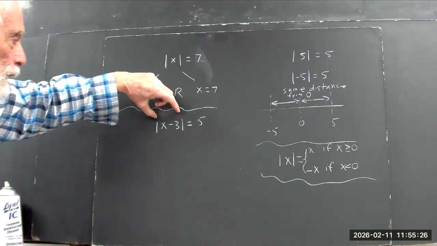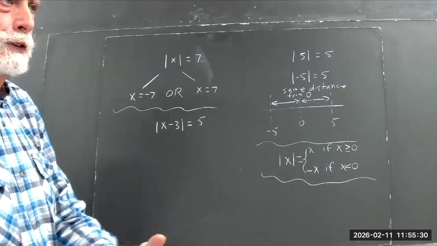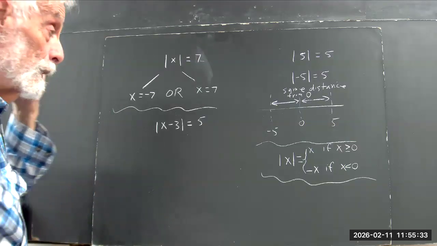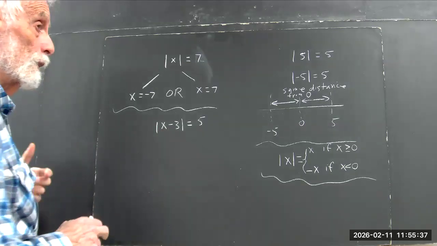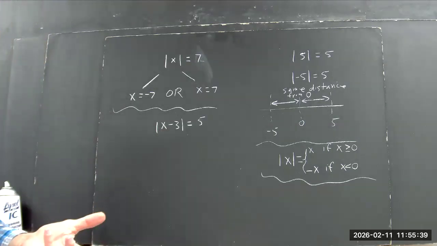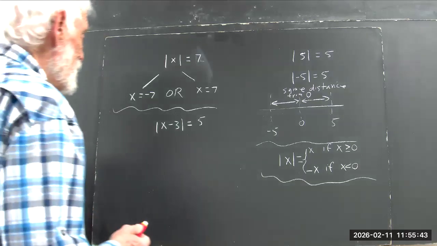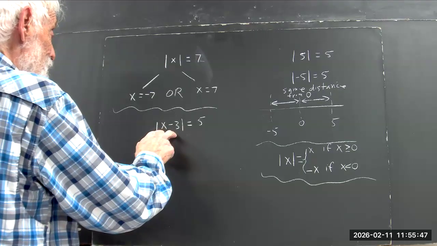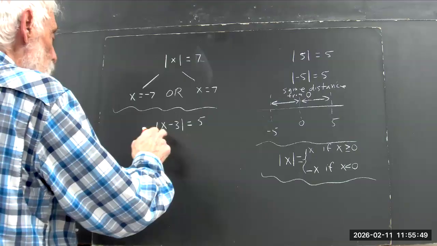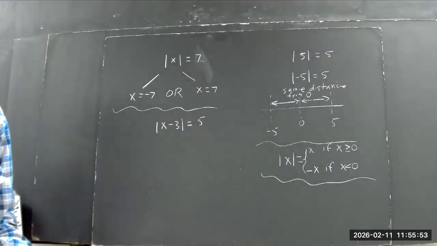Okay, absolute value of x minus 3 equals 5. What is this equation saying? It's saying that whatever the absolute value of x minus 3 is, and you don't know what it is, whatever x minus 3 is, it's got to be either 5 or negative 5, doesn't it?